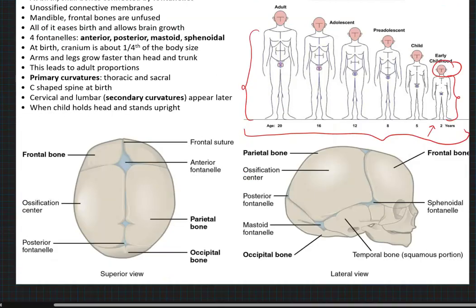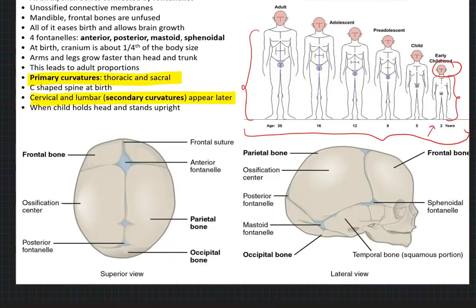Now, we mentioned primary and secondary curvatures when we talked about the spinal column, but there are 4 fontanelles in the skull. So we've got the anterior fontanelle, the posterior fontanelle, the mastoid fontanelle, and the sphenoid fontanelle.